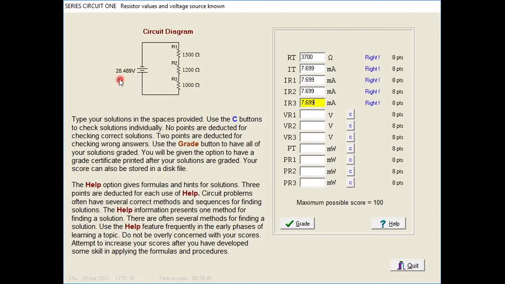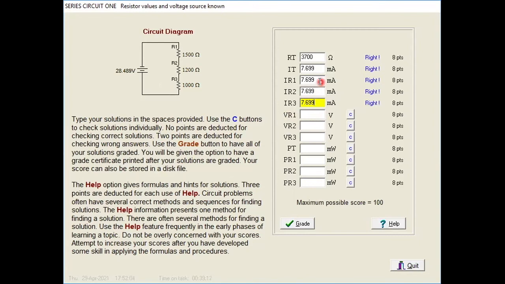So what I are we talking about? Well, we're talking about the current through R1 because we're trying to figure out the voltage across R1. So we know that the current through R1 is 7.699. Don't forget, if you're using an engineering calculator, you have to hit shift for the milli and the little m over to 5 key. So it's 7.699 milliamps.